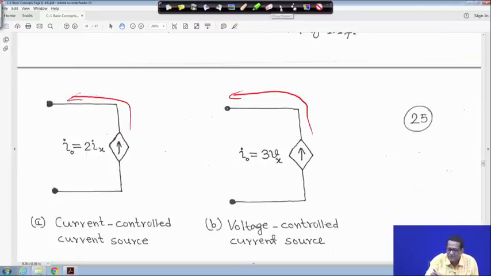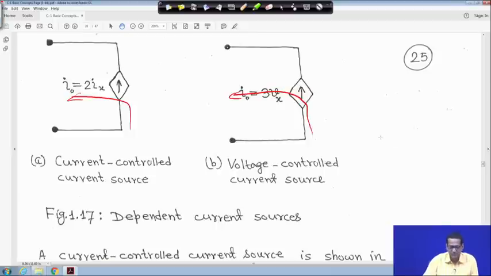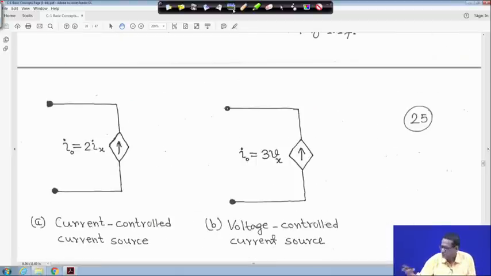If it is in the downward direction, then naturally the direction will be reversed. This is the meaning of upward. So this is the current source.